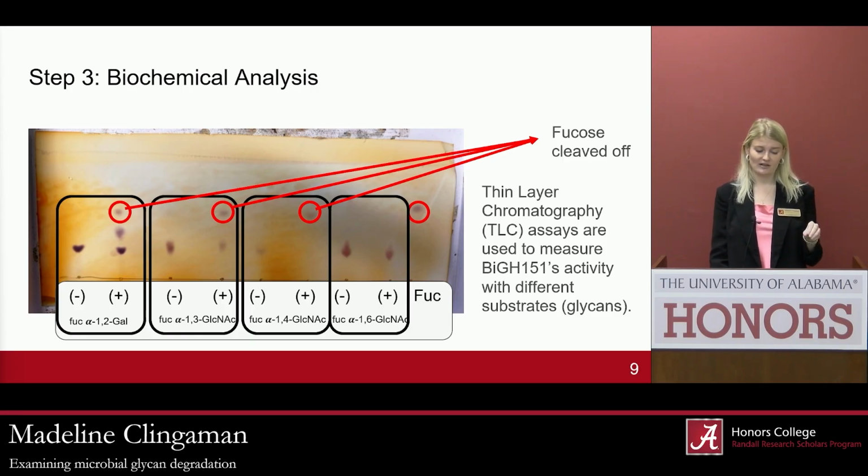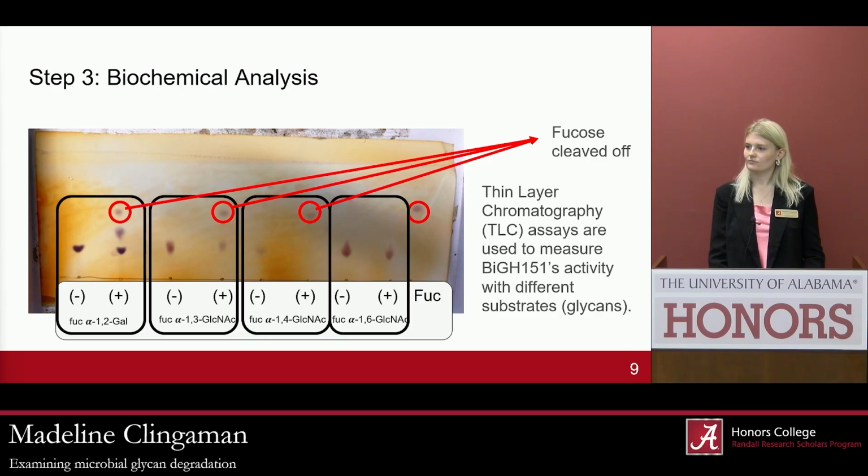That's just the substrate by itself. And then next to it is where we added the protein in. And as you can see, you still have some of the original substrate that didn't get fully cleaved. But you also have a fucose and a galactose molecule or signal, and that shows where the protein had gone in and cleaved some of those bonds.